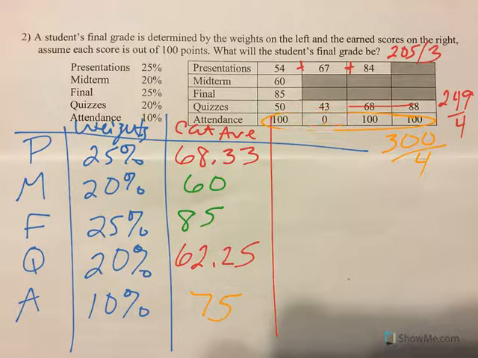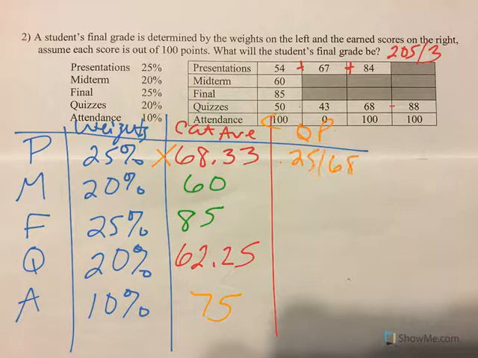All right, let me clear this out of the way so we get a little room over here. Now we talk quality points: weight times category average. So 0.25 times 68.33, the quality points for my presentation is 17.08. 20% times 60, I earned 12 points for my midterm.